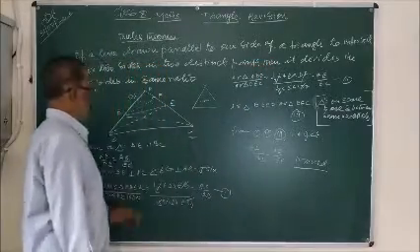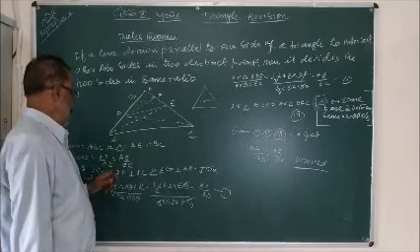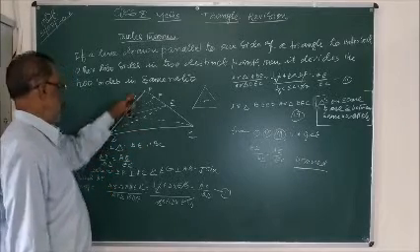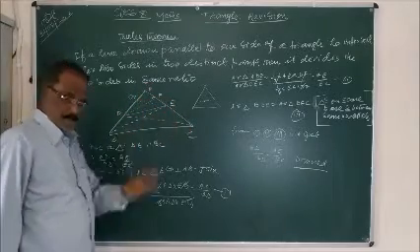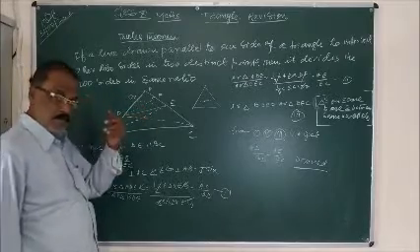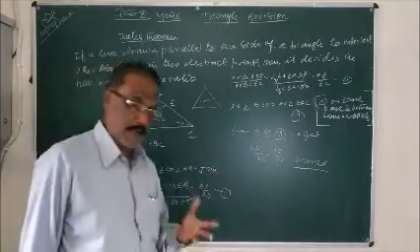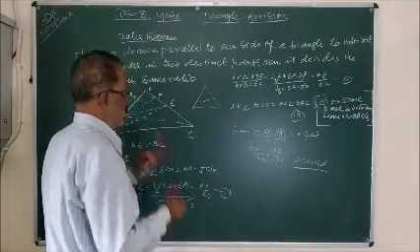So DE parallel BC, and we have to prove AD by DB is equal to AE by EC. This means the sides are divided proportionally. The sides are divided in the same ratio.